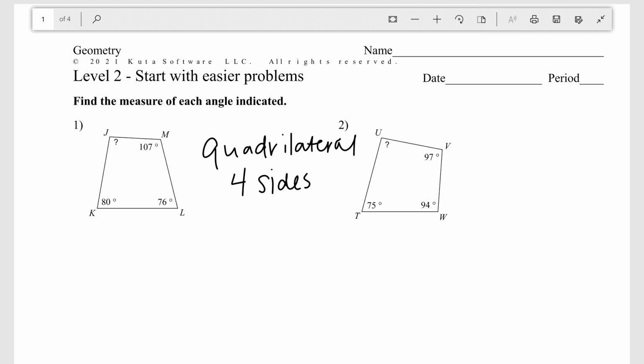We figured out that if we drew a single diagonal in a quadrilateral, we're going to create 2 triangles.